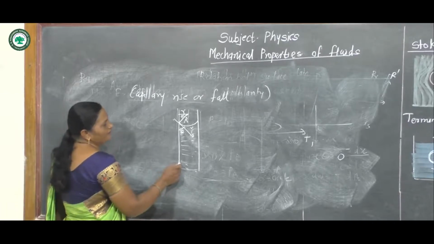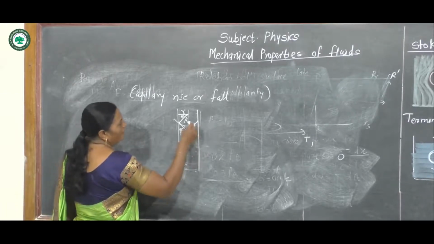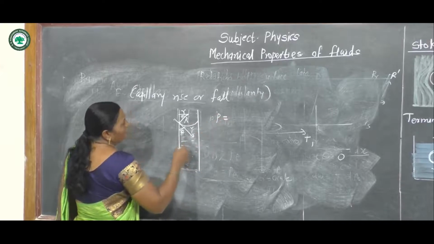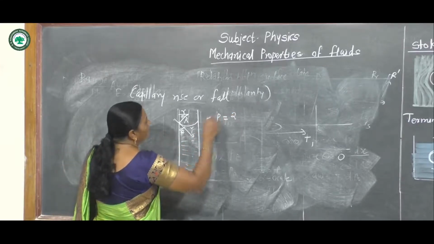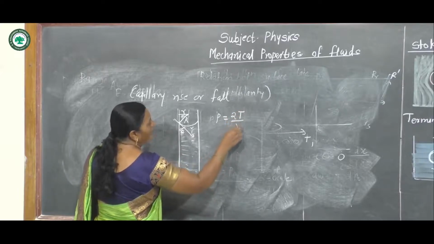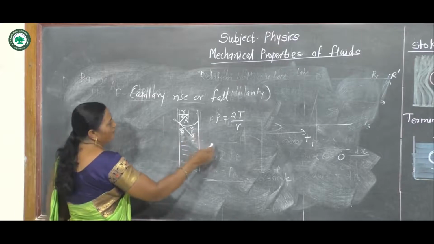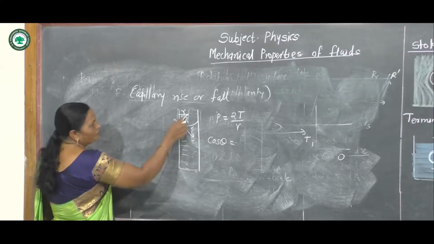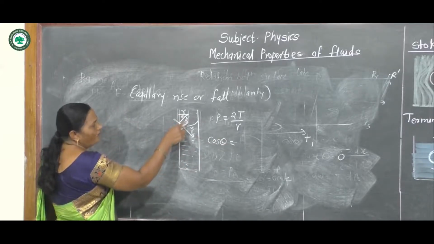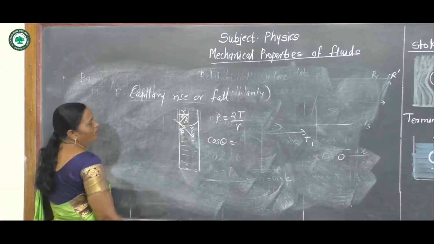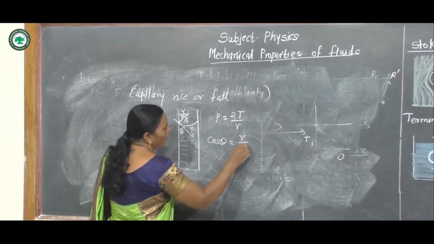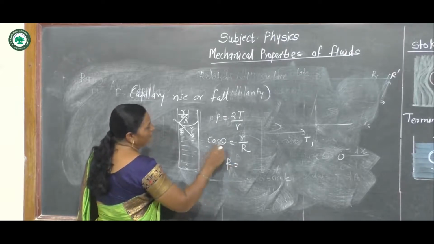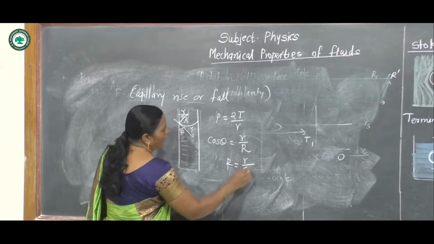Now from the figure, this is the force of surface tension, and the excess pressure, from Laplace law, is 2T divided by R. From the figure, cos theta is equal to r divided by R, the adjacent side over the hypotenuse. Therefore, capital R is equal to r divided by cos theta.